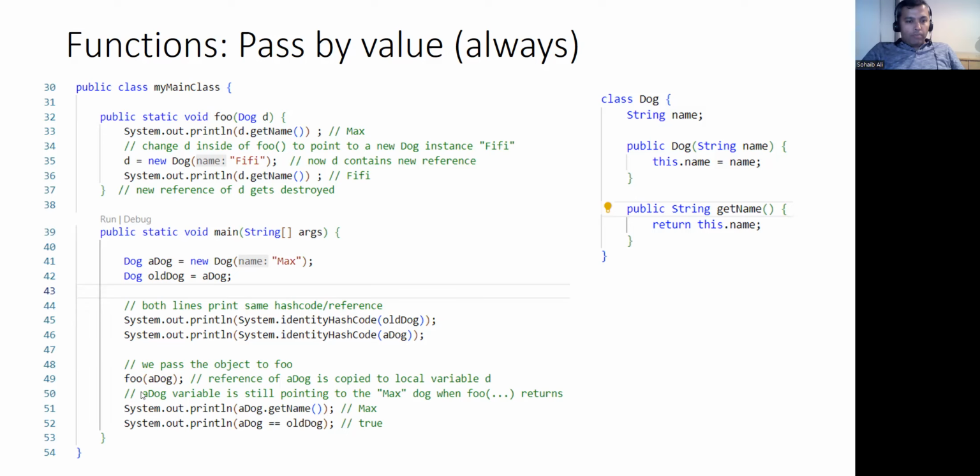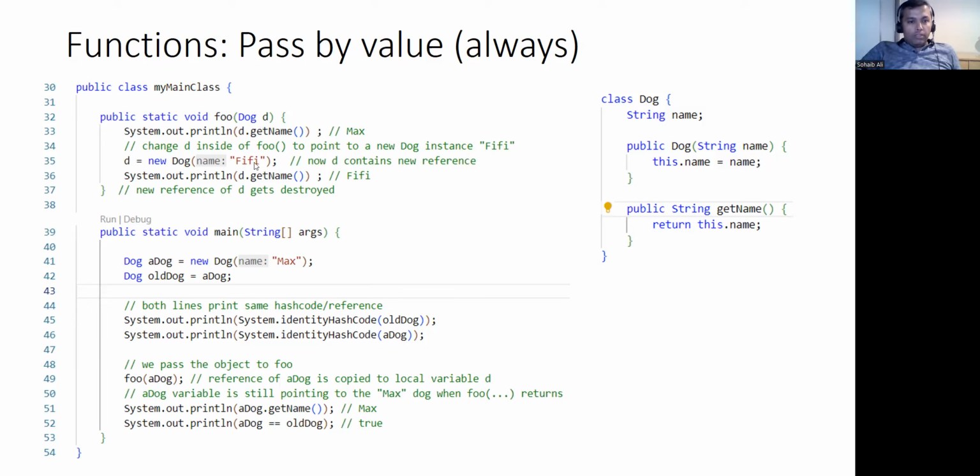Now if I pass one dog instance to this function foo, what will happen is that, imagine that a dog is an integer. It contains an integer ID, for example. Now that integer ID will be copied to this variable d.